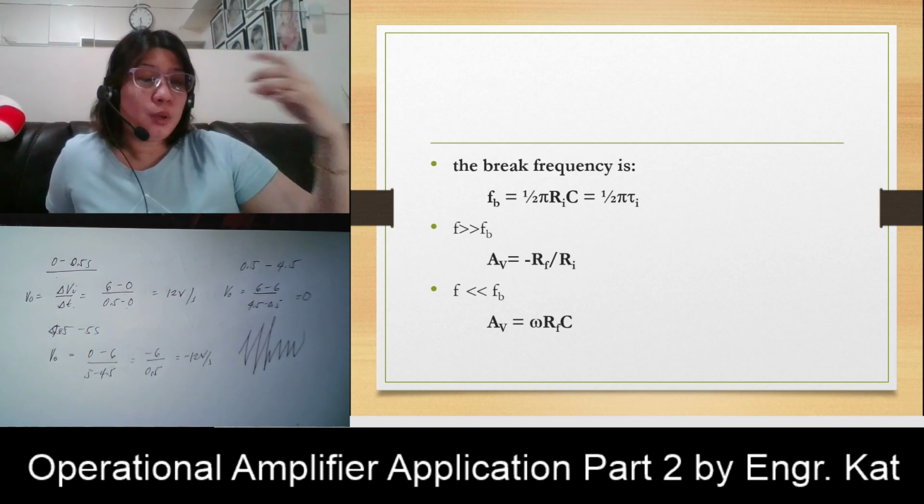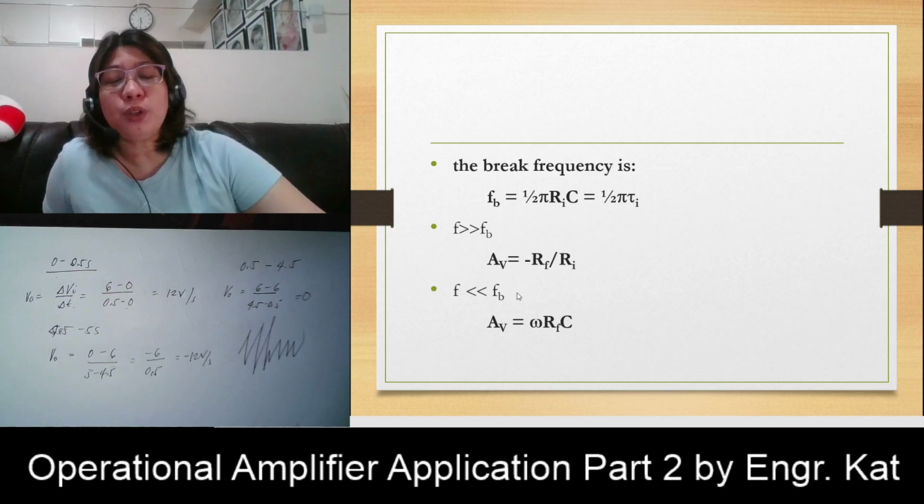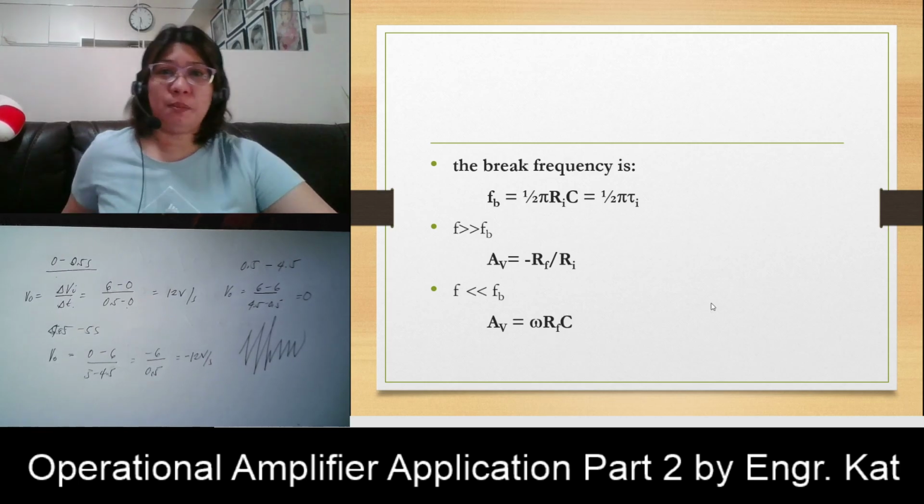But when your frequency is much greater than your break frequency, your gain becomes omega, which is 2 pi f, multiplied by RF multiplied by C.